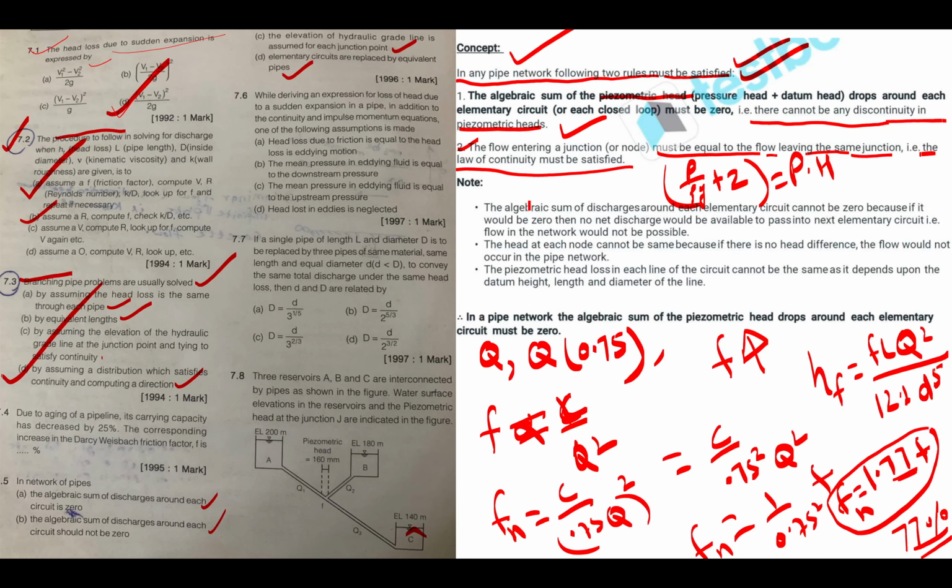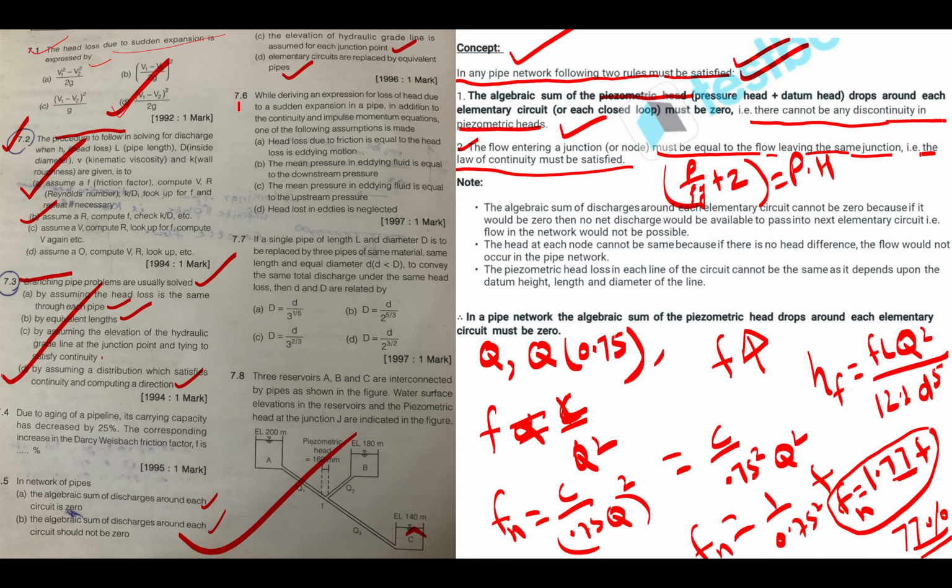So the algebraic sum of discharge around each elementary circuit cannot be zero, because if it were zero, then no net discharge would be available to pass into the next elementary circuit. That is, flow in the network would not be possible. So your discharge should not be zero, and option B is correct.